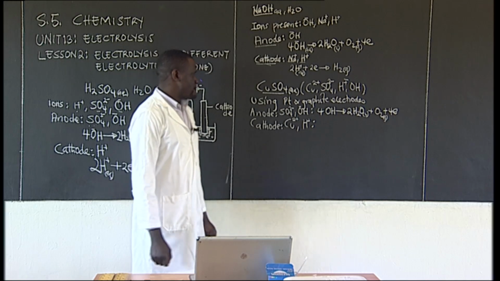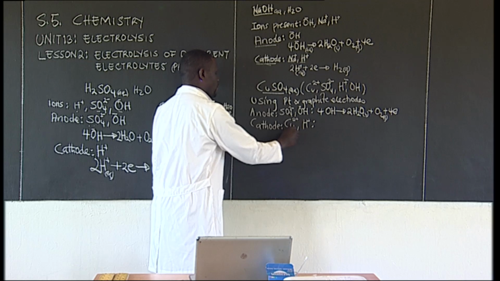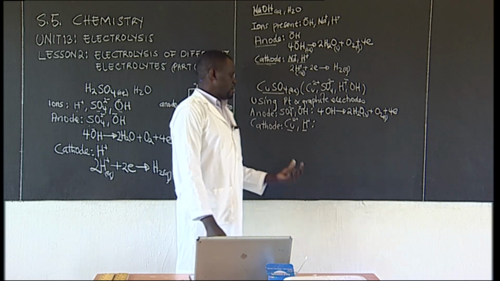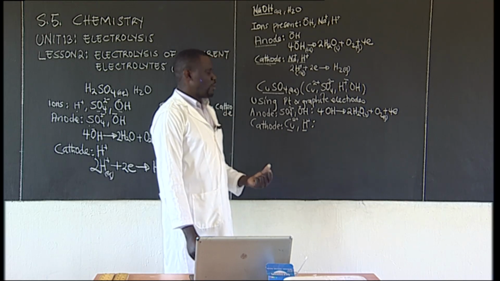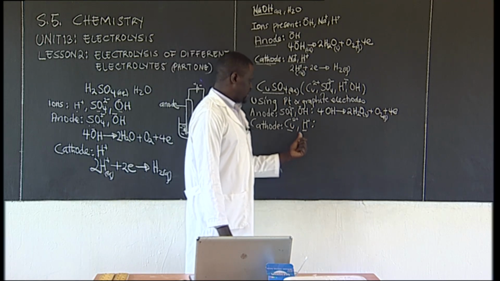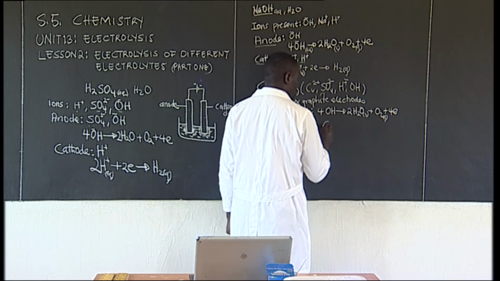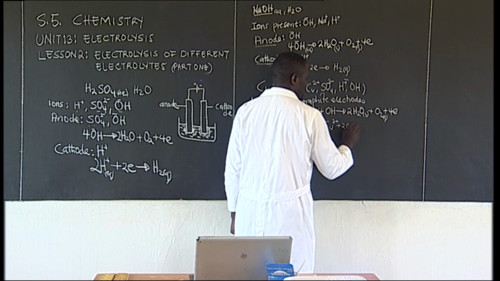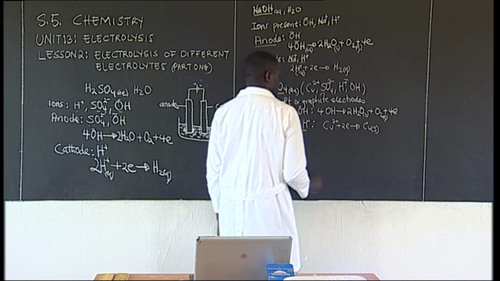Then at the cathode, this time we have competition between the copper and the hydrogen. Which one is lower in the electrochemical series? The one which is lower in the electrochemical series will react first, so it is obviously copper. So copper will be deposited at the cathode.